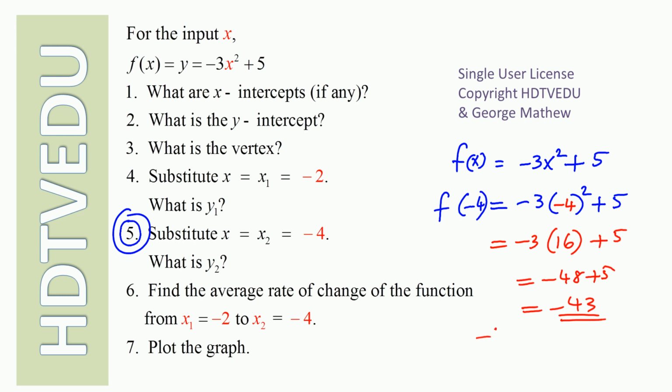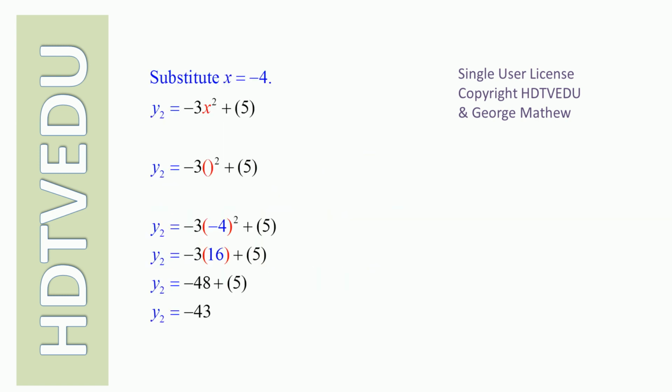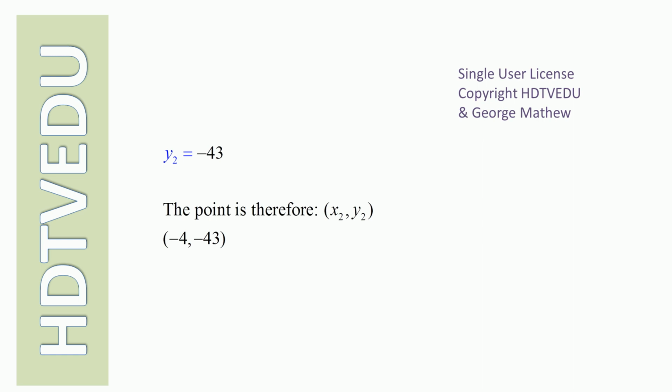So when x equals negative 4, y equals negative 43. Let's call that x2, y2. So that's what I did here. Substitute negative 4 for x, and you get negative 43. So what is our point? Negative 4, negative 43.